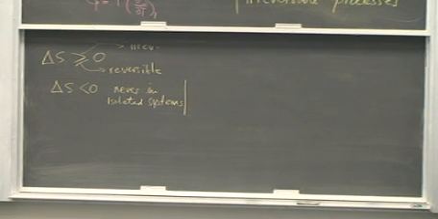I will now do an exercise which should be instructive in telling us how we can do some calculations of change in entropy in a situation which will be interesting.